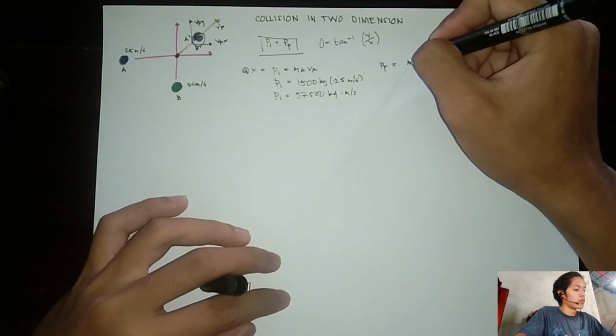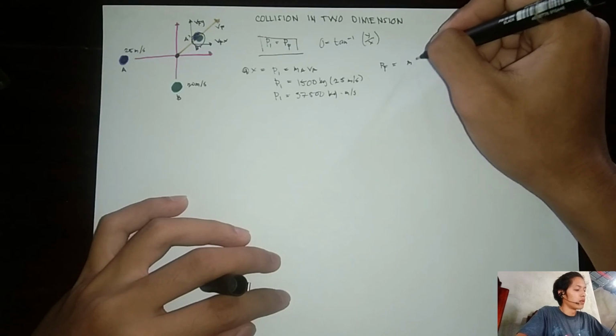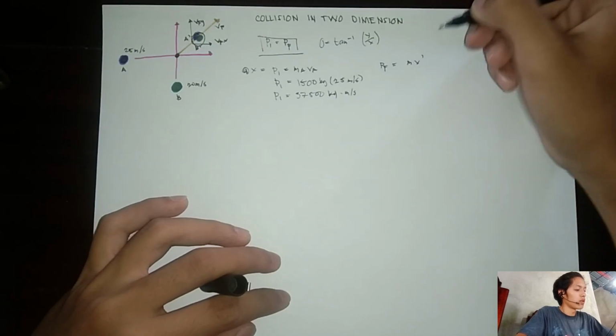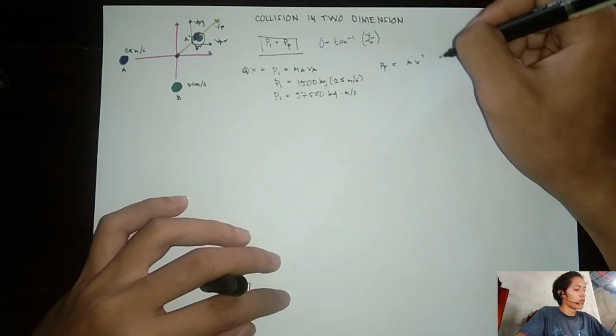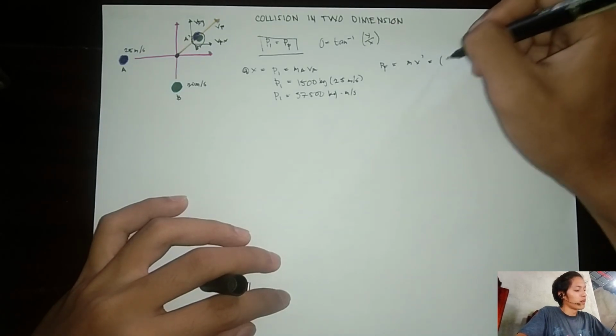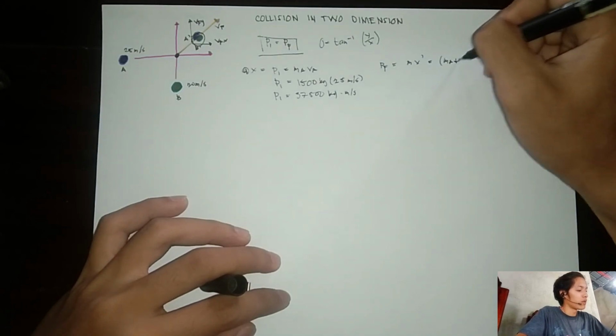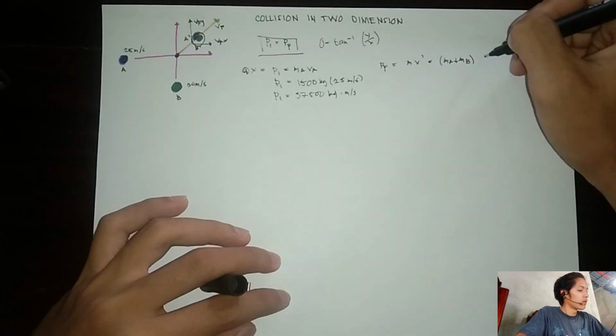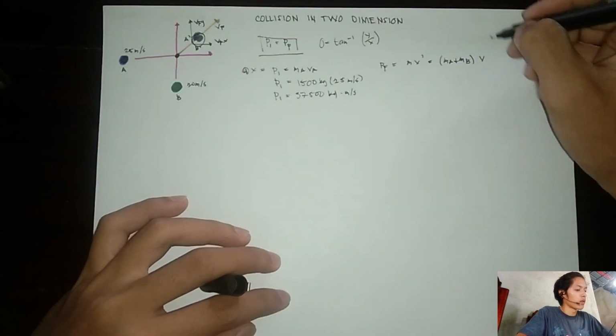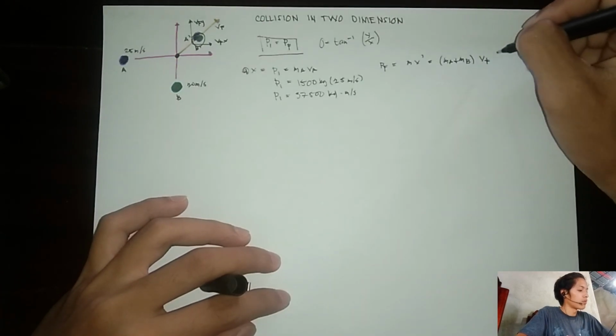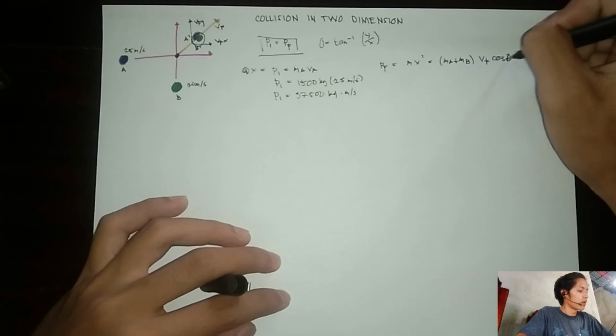So, mass A plus mass B times velocity final cosine theta.